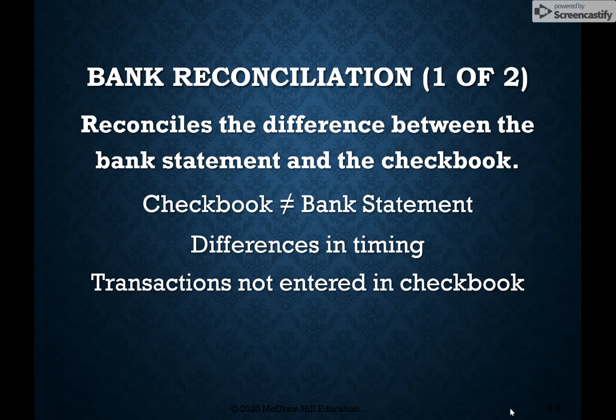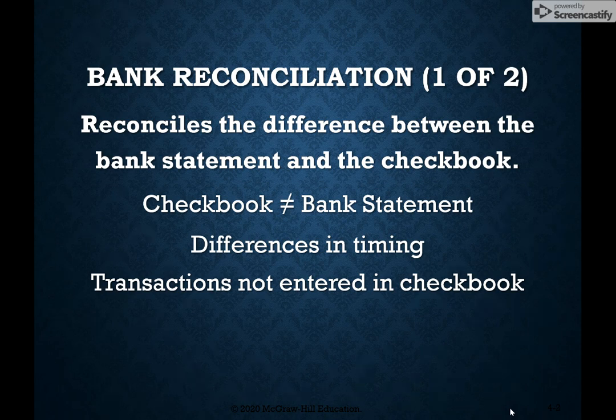Those, for example, could be some of the outstanding checks. So because of those differences, what we try to do is figure out what is causing the checkbook and the bank account not to be the same.